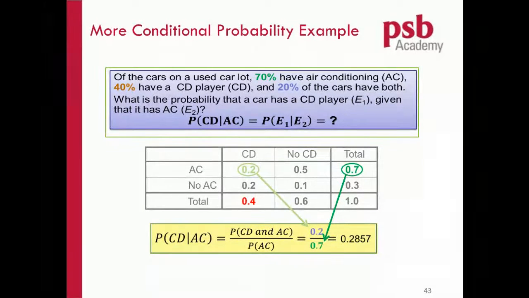Of the cars on the used car lot, 70% have air condition, 40% have a CD, and 20% of the cars have both.